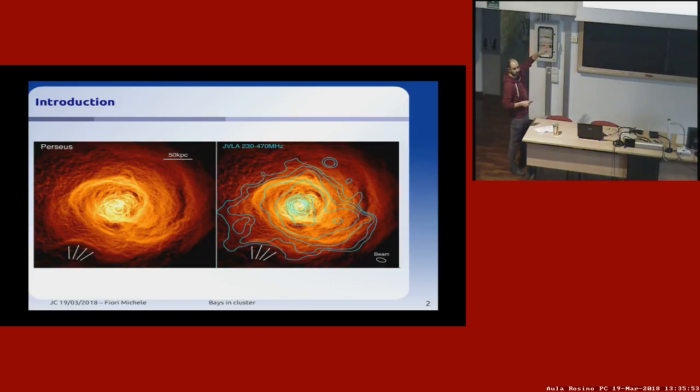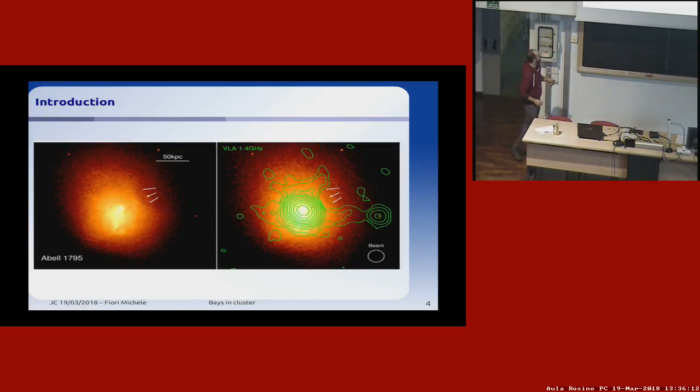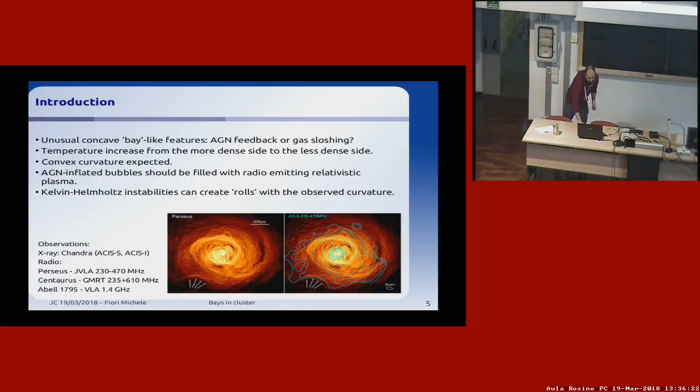We see here a Chandra image in X-rays, and on the other panel we also see the radio contours overimposed. We see these bay-like features also in other clusters like the Centaurus cluster and in Abell 1795, which is not clearly seen here, but from the radio contours is much easier to see.